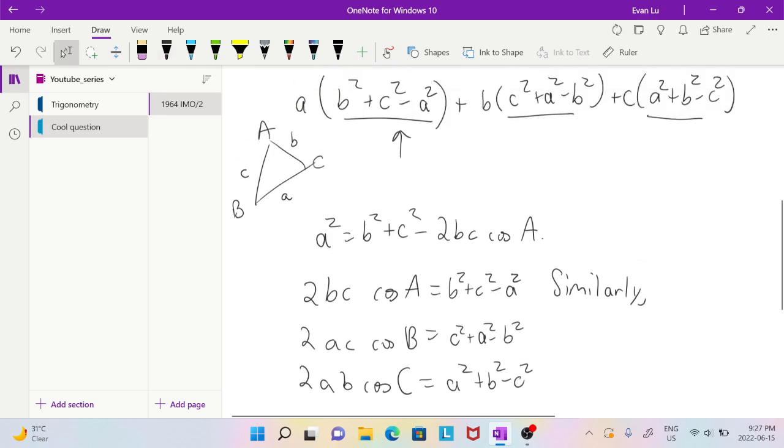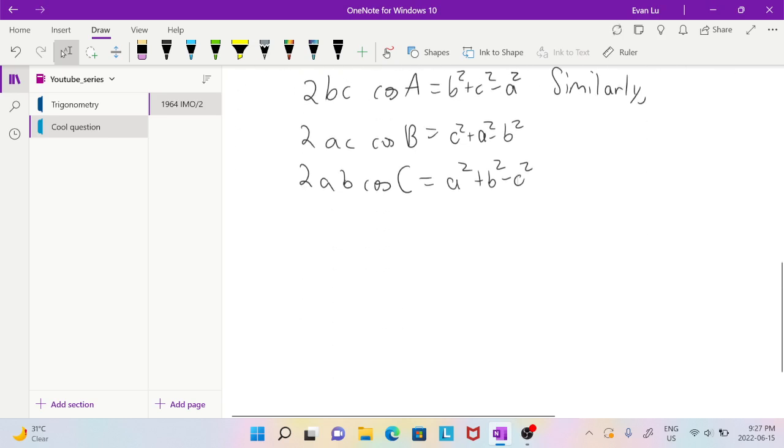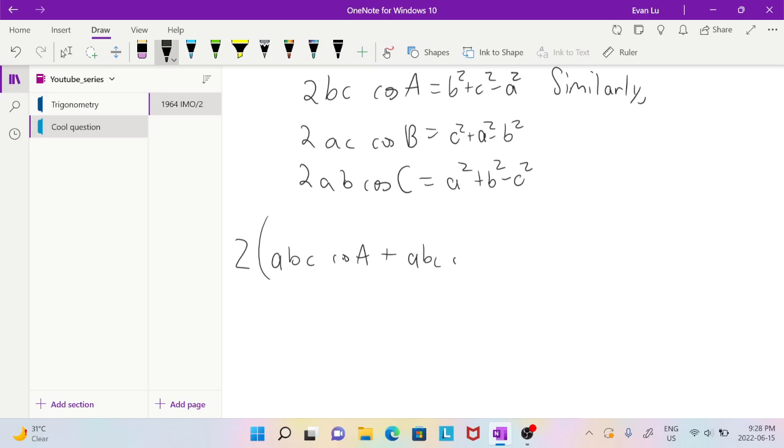Okay, so we have these equations and we can just plug them in. I'm going to take a factor of 2 out front and we're going to get ABC cos A plus ABC cos B plus ABC cos C.